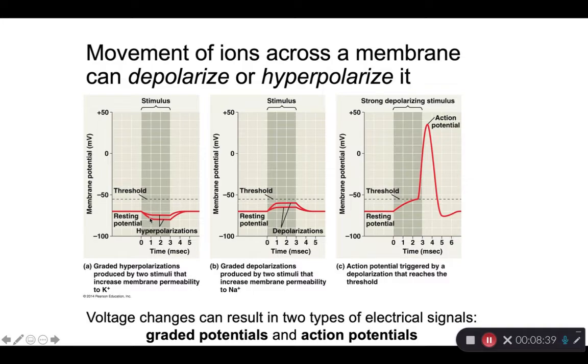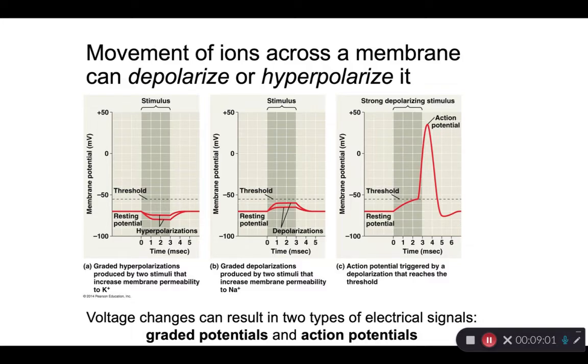You'll recall potassium is more abundant inside the cell than outside the cell. So if you open potassium channels, potassium will leave the cell. Potassium is positively charged, so when it leaves the cell, it's going to make the inside of the cell more negative relative to the outside.